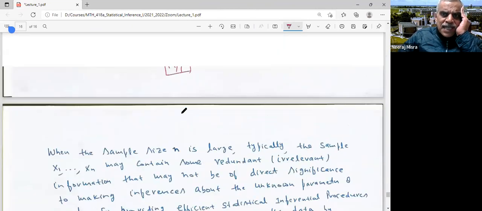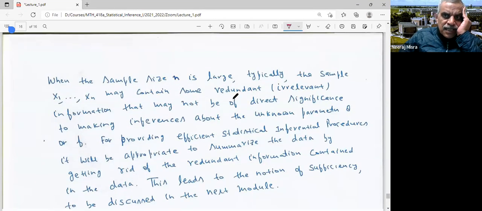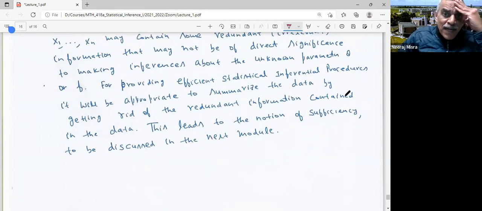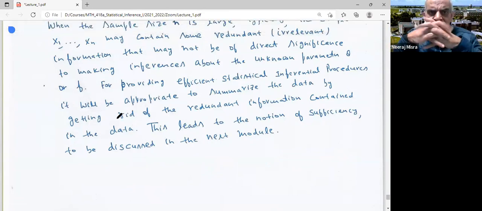Now, when the sample size n is large, typically the sample x1, x2, ..., xn may contain some redundant information that may not be of direct significance to making inferences about the unknown parameter theta. For providing efficient statistical inferential procedures, it is important that I get rid of all this redundant information.